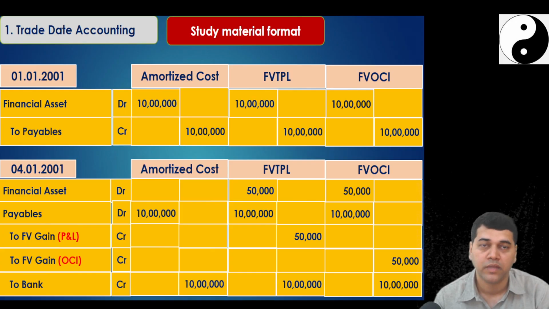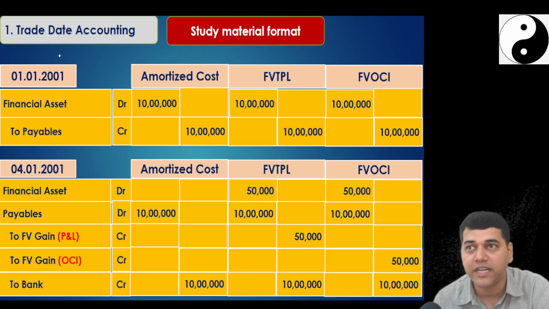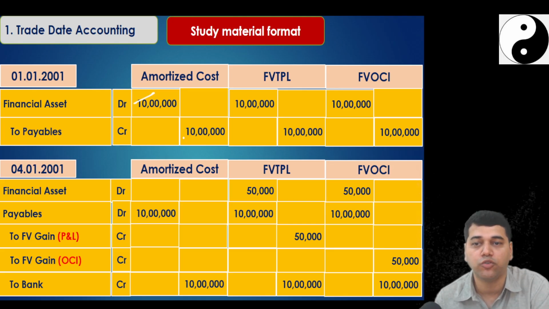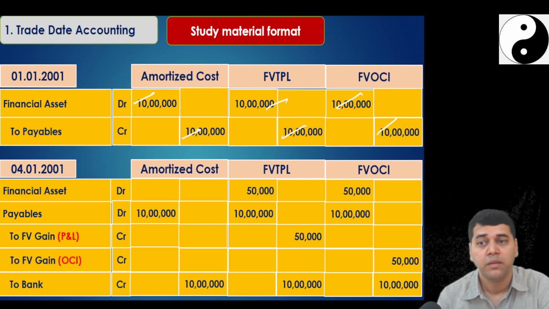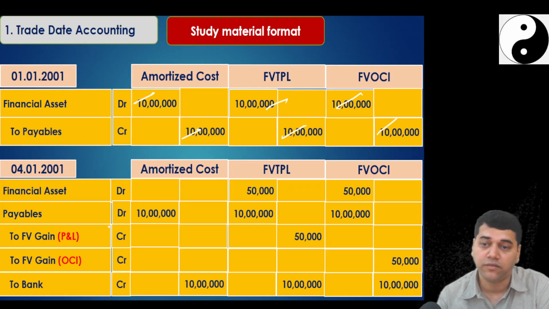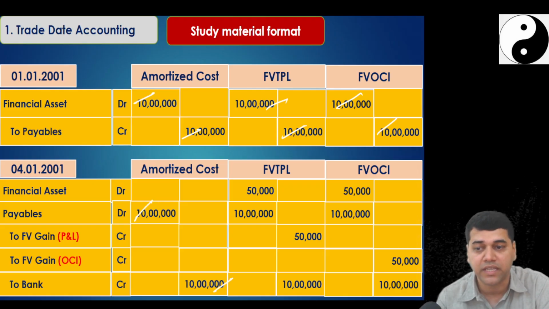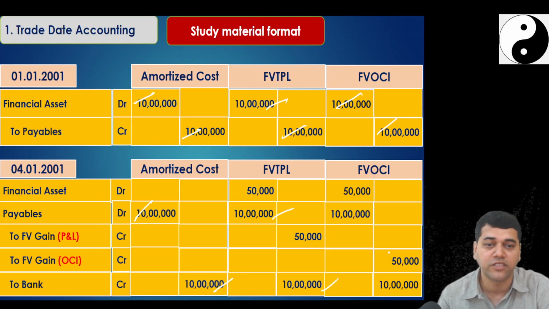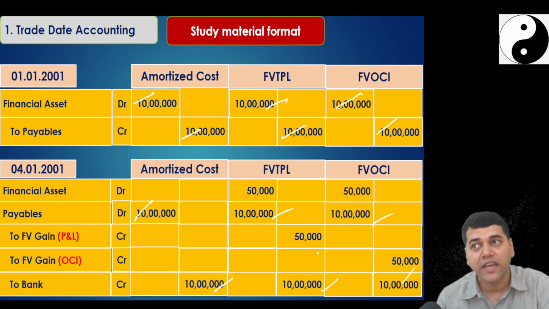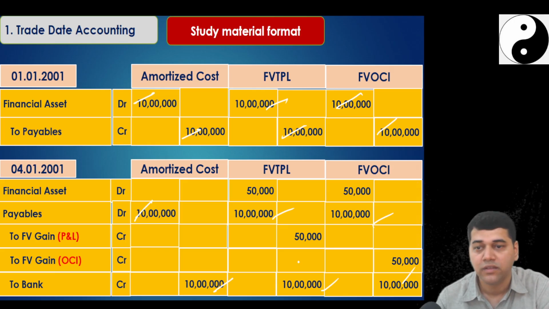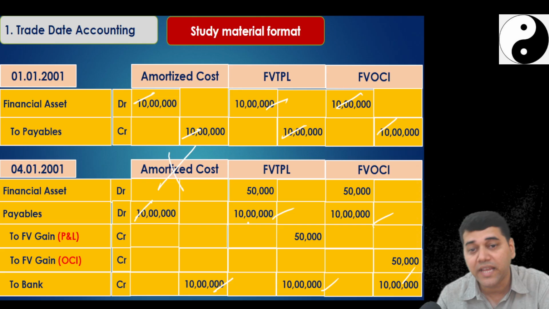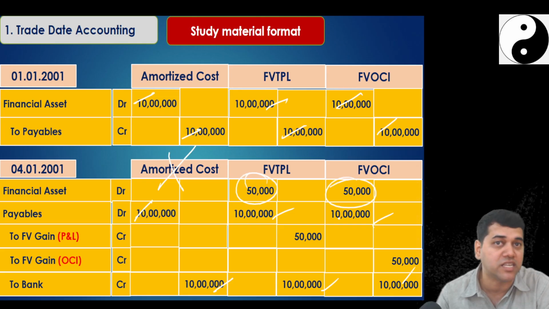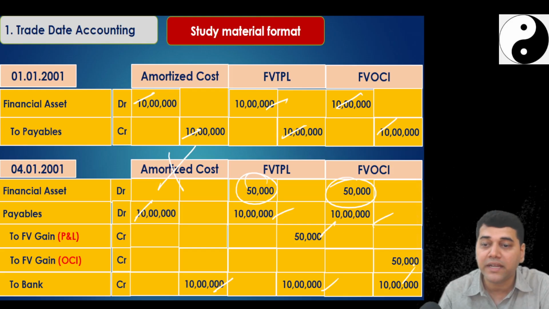If you had applied trade date accounting, you would have taken financial asset to payable, and it doesn't make any difference. But on the date of settlement, first you will debit financial liability and credit the bank in all three instances. Since the fair value has increased in these next 4 days, in amortized cost you don't recognize any fair value changes. But in OCI and FVTPL, you will debit that financial asset and credit either P&L or OCI.